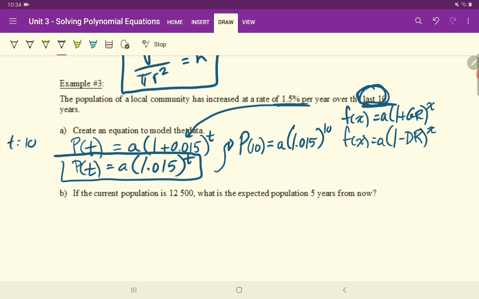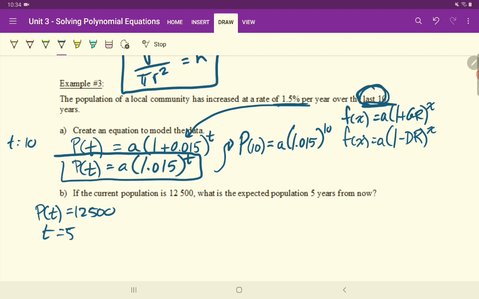If the current population is 12,500, what is the expected population 5 years from now? 5 years from now. So if our population, which is P at T, is 12,500, T is 5 years.